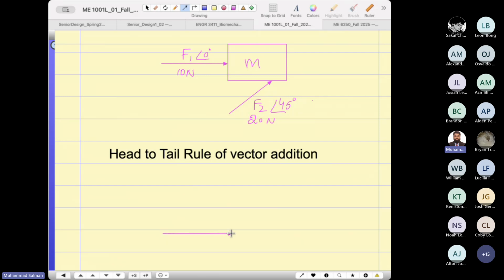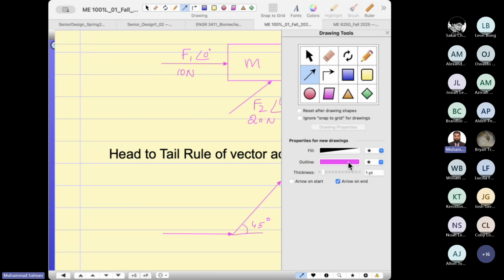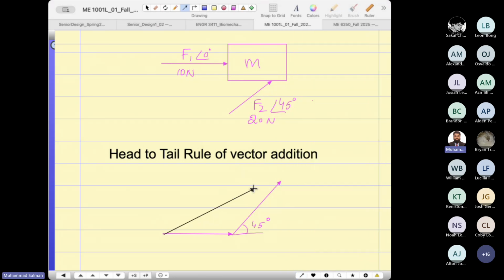I'm going to draw the force 1 vector here at 0 degrees, and F2 at an angle of 45 degrees, just guessing. And now the final vector, with a different color, starts from the tail of the first vector and joins the head of the last vector. This is the F2 vector, this is the F1 vector, and this is the resultant vector.